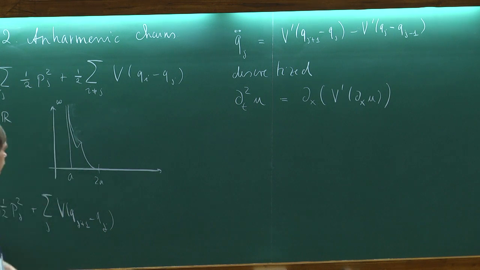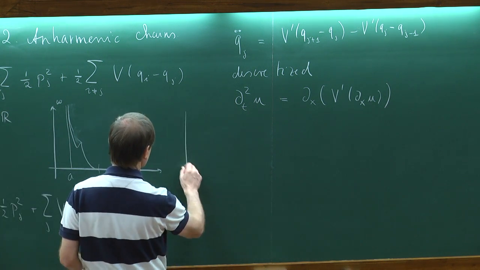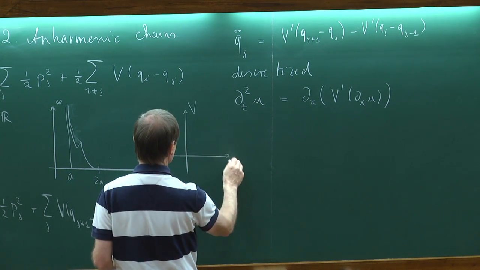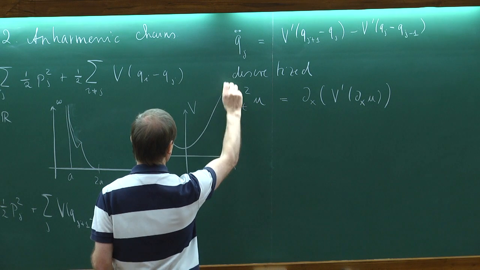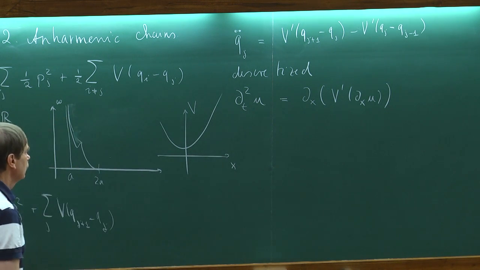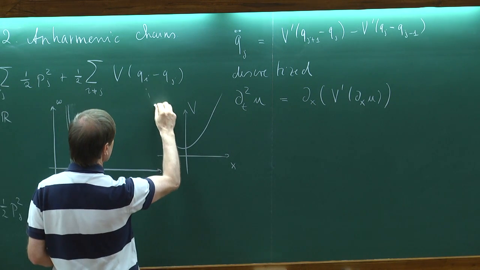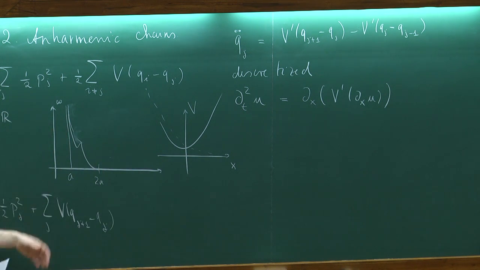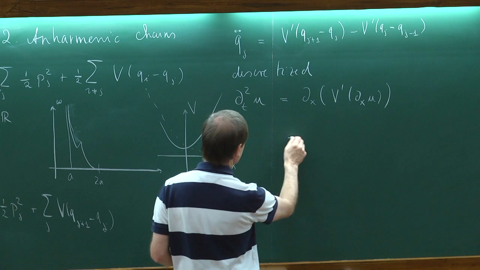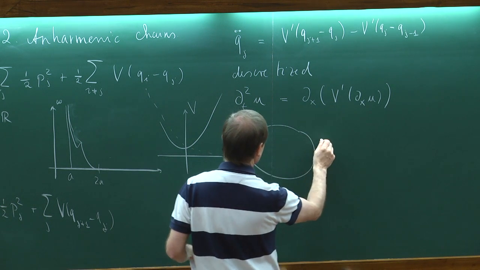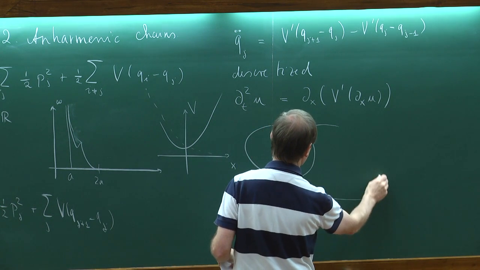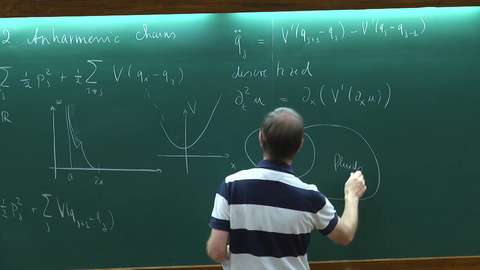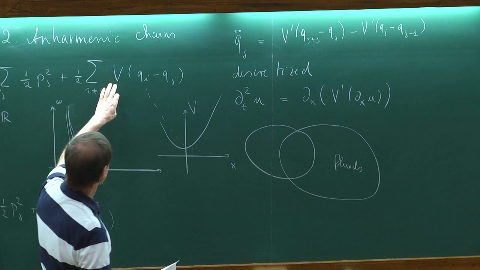So, you can think of potentials, so here is my V, and here's my X, and you can think of a potential maybe like this, or you can also think of potentials which maybe increase and then look like this. And so, the picture which you should have in mind is that I have here the set of all potentials, and here I have maybe the fluids, which could be a more generic short-range type of potential.